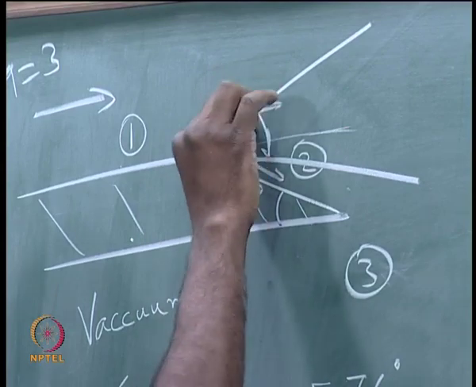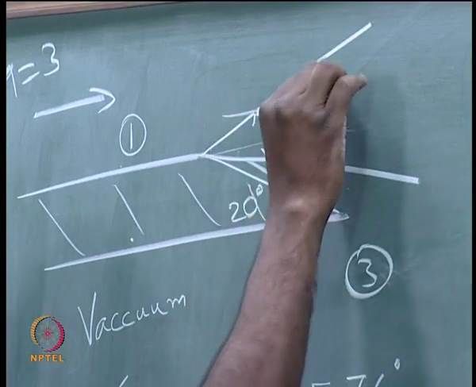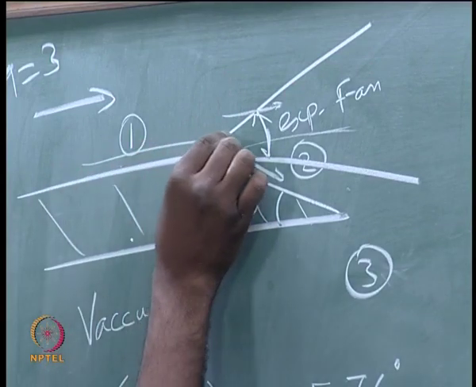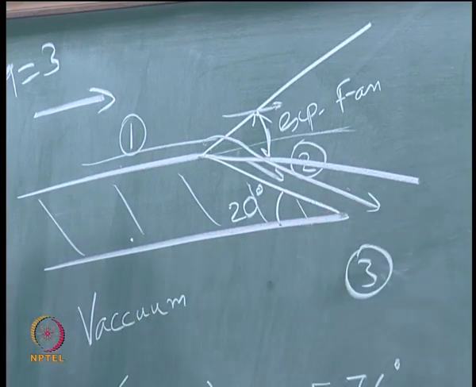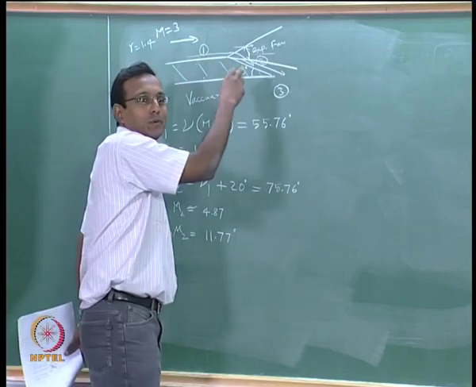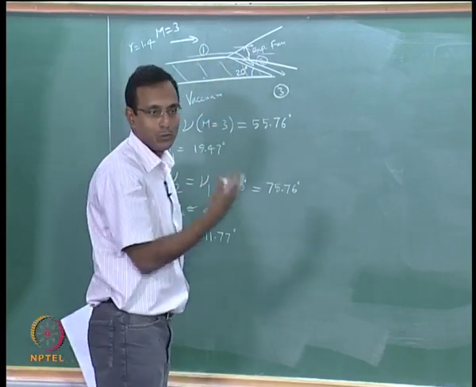This whole region is my expansion fan. So, the flow comes here, turns and then goes out straight like this. That is what is happening there. This is the first case. Of course, now you can go and find P2, T2, U2, every other property you want.